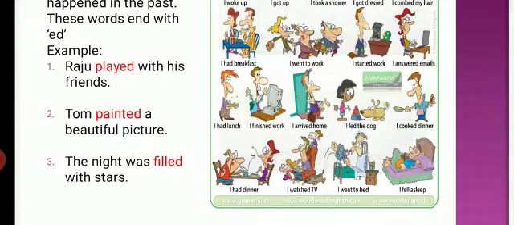Tom painted a beautiful picture. The night was filled with stars. Words or verbs like played, painted, filled are in the simple past tense. And note here, children, that most of these past tense words end with the letters ed.